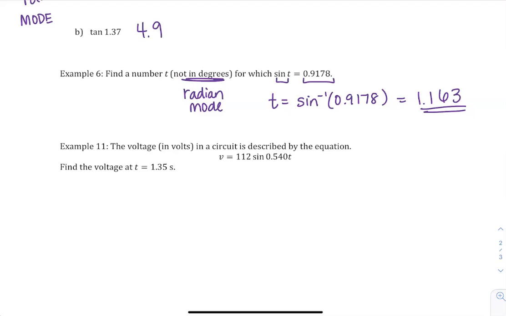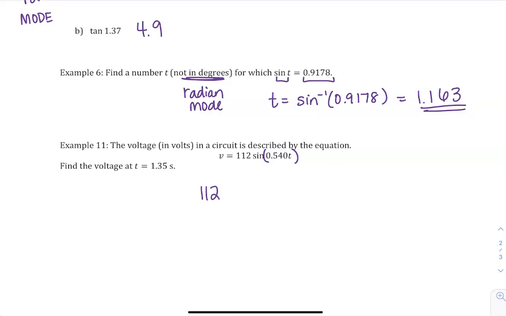And then a lot of the application problems will have you using radians for the measurements. So here, for this particular question, it's sine of this 0.54 times the time. So what we need to do to calculate this word problem, or this formula problem, is do 112 times the sine, and then parentheses is 0.54 times our time, 1.35.